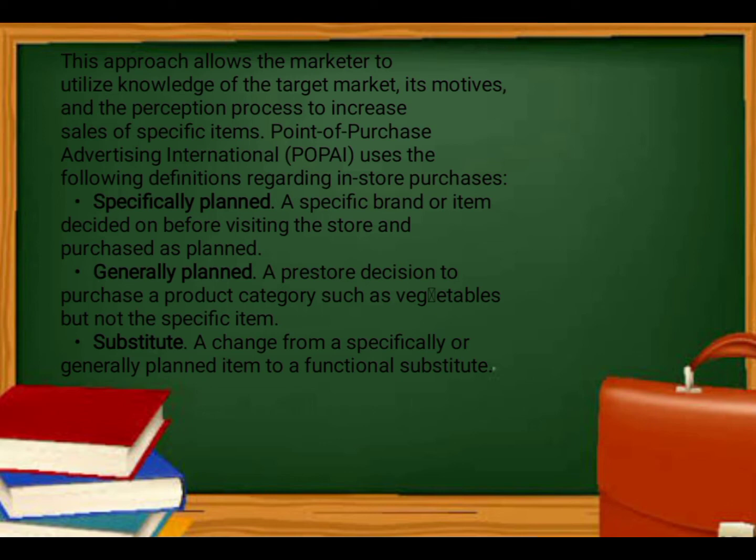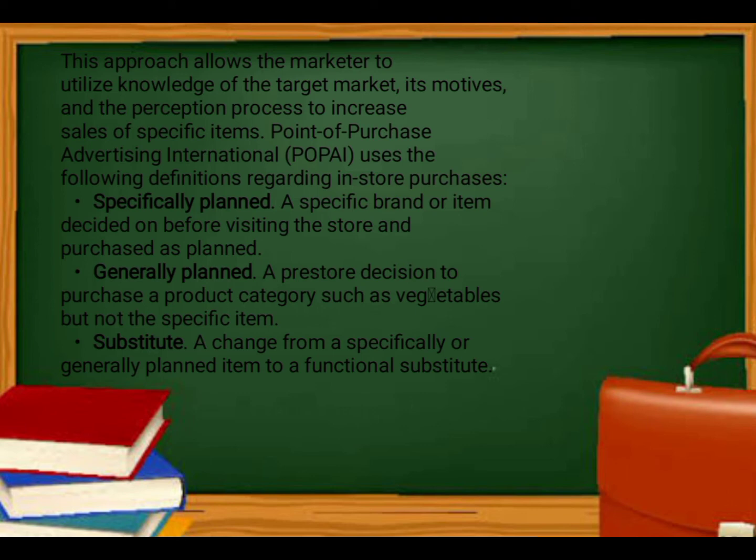sales of specific items. Point of Purchase Advertising International uses the following definitions regarding in-store purchases. First, specifically planned: a specific brand or item decided on before visiting the store and purchased as planned. Second, generally planned: a pre-store decision to purchase a product category such as vegetables but not the specific item.